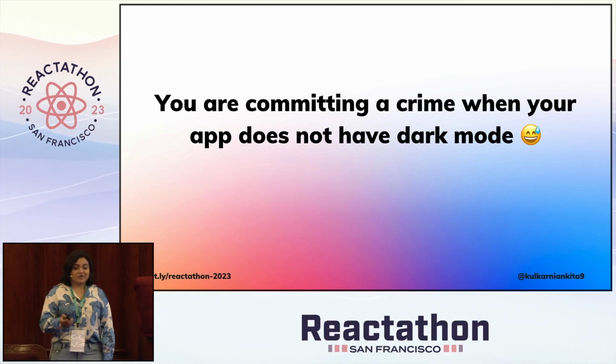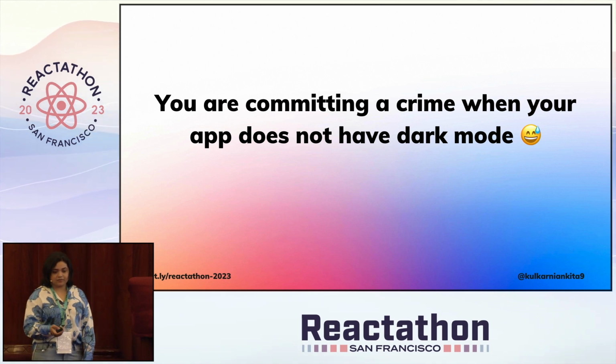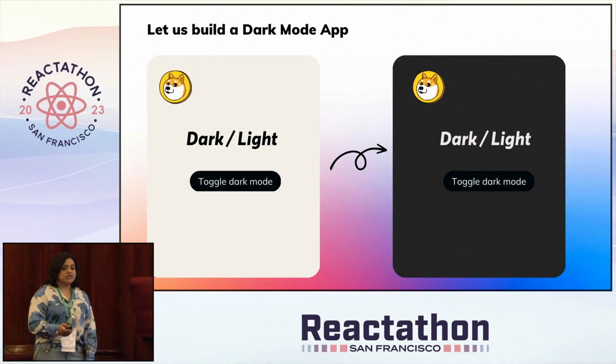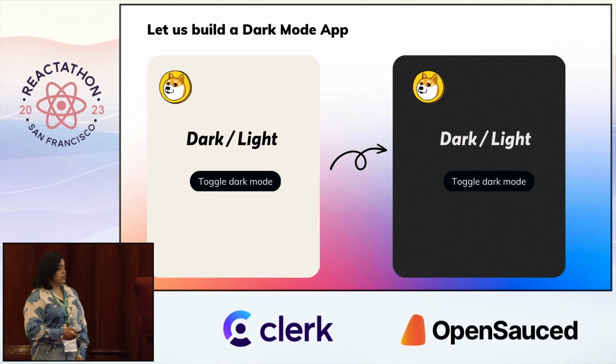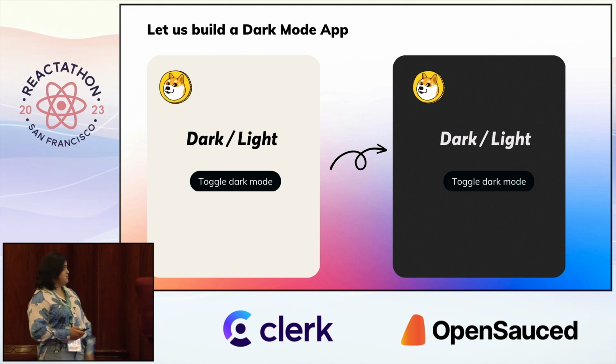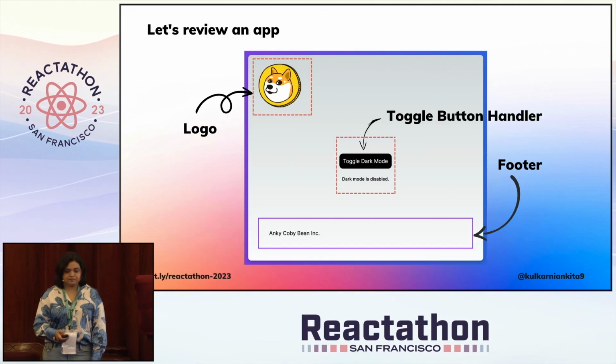And so we are going to build an app to talk about React's re-rendering cycle. So let's build a dark mode app. It's very simple, straightforward. We have a logo, which is the Dogecoin. And then there's a button there. Whenever you click on toggle dark mode, it transitions from dark to light, light to dark, and so on.